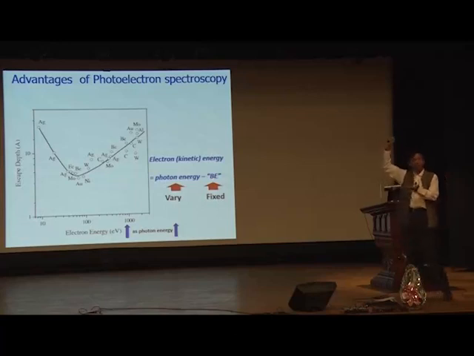Once it comes out, it's all very nice and fine, but before it comes out, in the process of traversing through the thickness of the material, this electron can, of course, suffer inelastic processes by scattering with other atoms, electrons, defects, what have you. If it does scatter that way, then this inelastic process will steal energy out of it so that this energy conservation that I use will be no more valid, and that electron will be lost from the photoelectron signal.